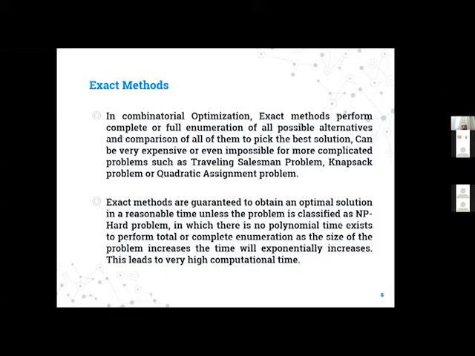In case the problem is classified as NP-hard, it means there is no polynomial time algorithm to perform complete enumeration, and as the size of the problem increases, the time increases exponentially. This leads to very high computational time. Therefore, exact methods are very good and can be used in very small problems. However, large-scale problems cannot be solved within current time.